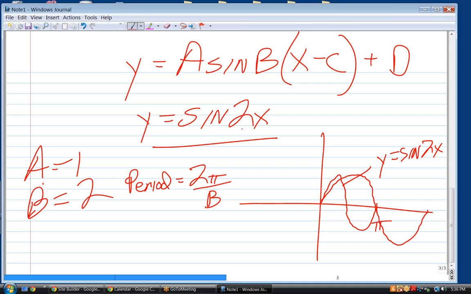If this b is a number between 0 and 1, you're stretching it apart. So this b kind of has an opposite effect of the a. The a acts as a vertical stretch or shrink. The b acts as a horizontal stretch or shrink. And a is a stretch when it's greater than 1. B is a shrink when it's greater than 1.